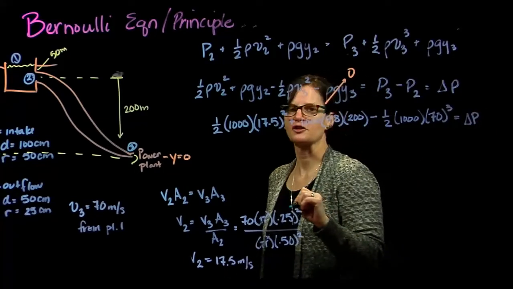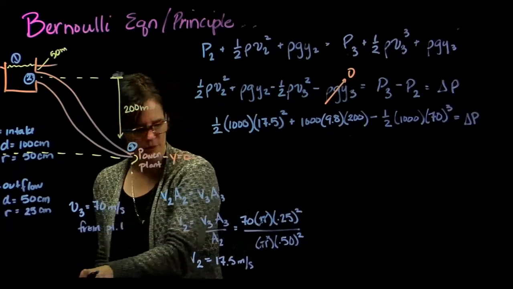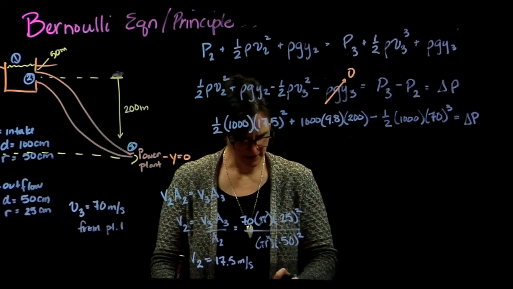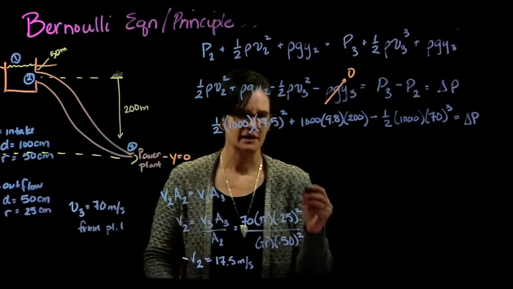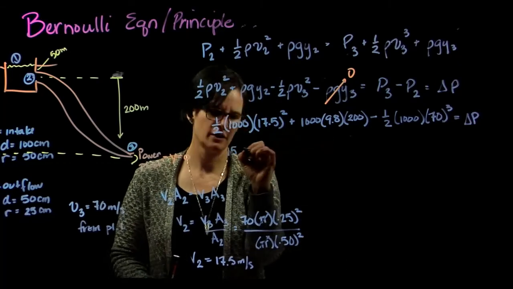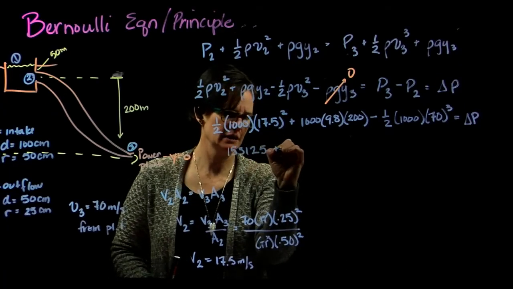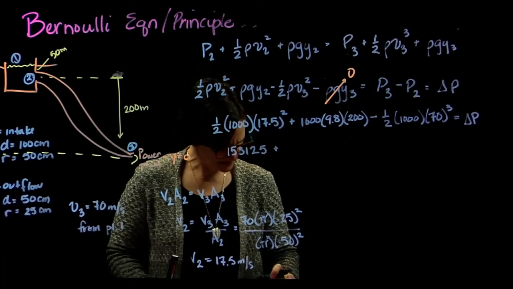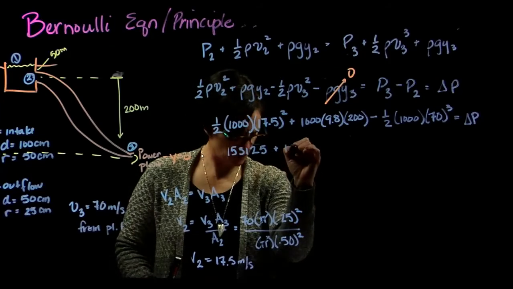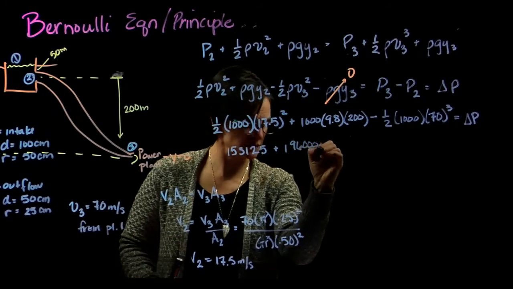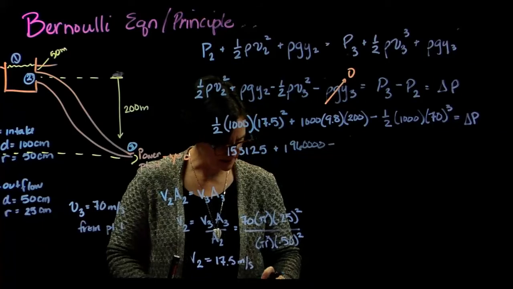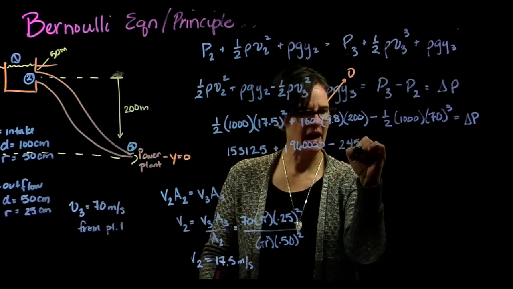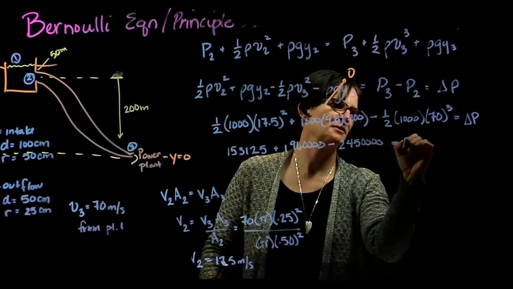So that's our change in pressure, our pressure difference. All right, so 0.5 times 1,000 times 17.5 squared gives me 153,125, plus 1,000 times 9.8 times 200 gives me 196,000, minus 0.5 times 1,000 times 70 squared, which is 245,000, and that equals my change in pressure.